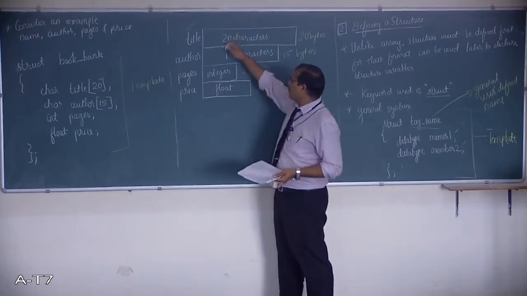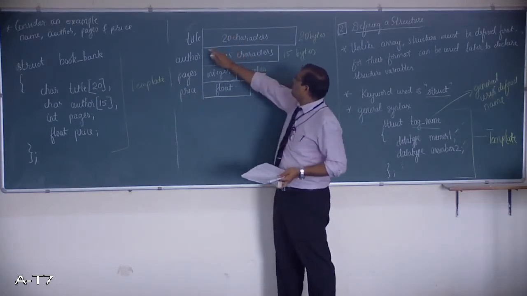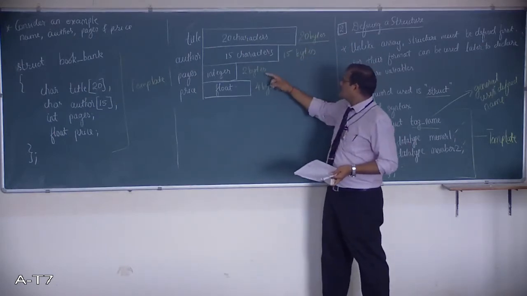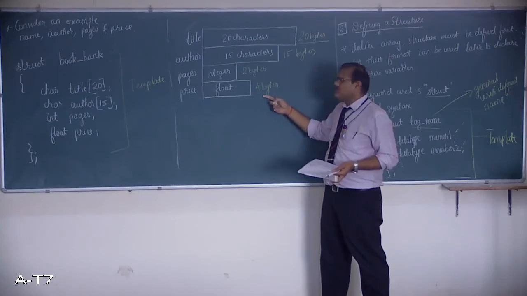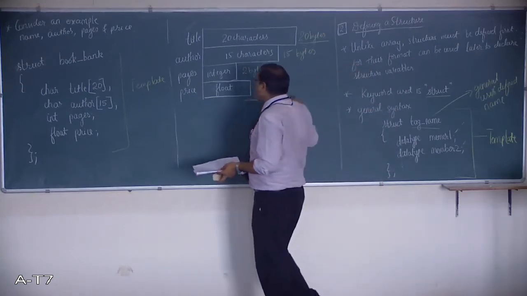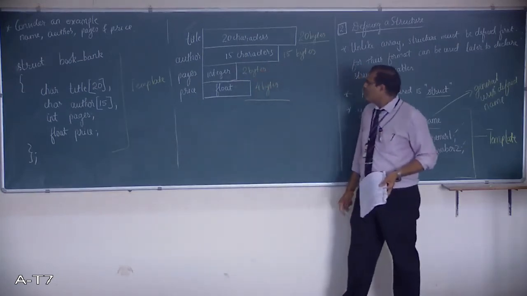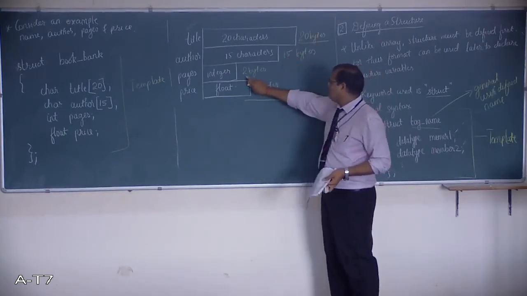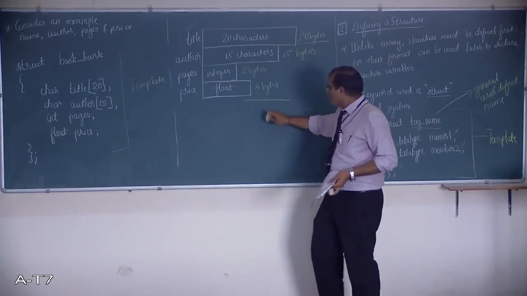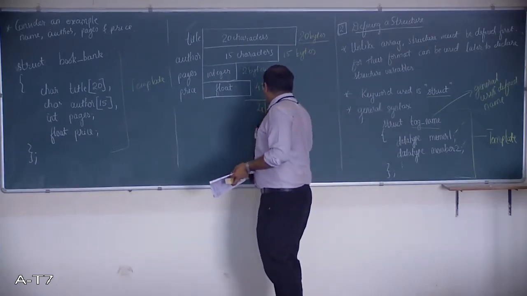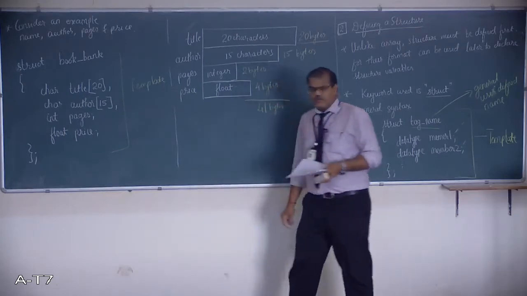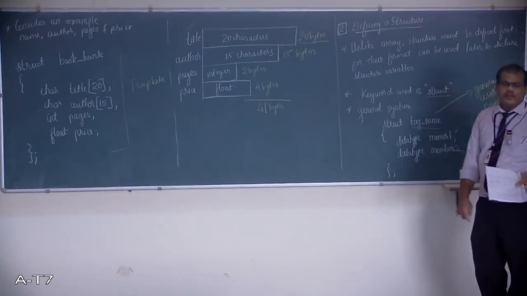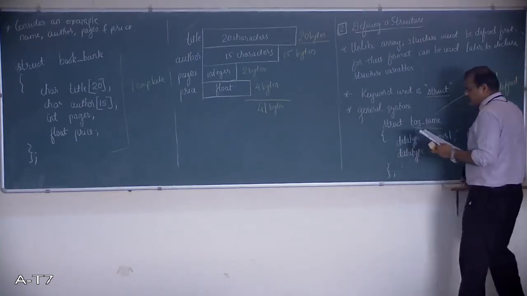So we have 4 members here. Now title is of 20 characters, so it takes 20 bytes, author 15 bytes, pages 2 bytes, and price as float 4 bytes. So totally for our structure, what we have defined here, it takes how much? 20 plus 15 is 35, 36, 37 plus 4, 41 bytes. Okay, so here for memory allocation it takes 41 bytes for my book bank structure.